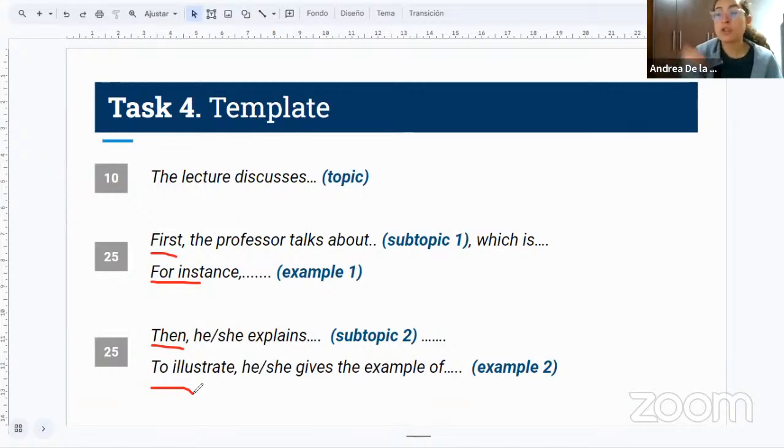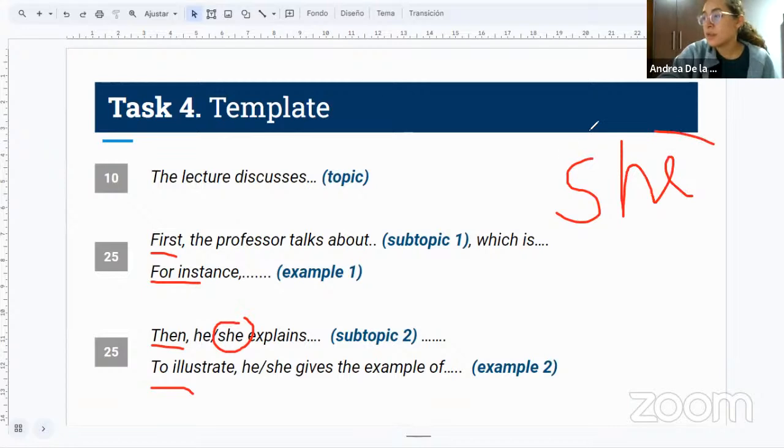It's not the professor talked about, it's the professor talks about. The lecture discusses, simple present. And also be careful with the pronoun of the professor. As soon as you hear the professor speak and notice if it's female or male, write down the pronoun in big letters. So in this case, as soon as you hear her speak, you should write down the word she, so that you don't forget to use that pronoun when referring to the professor.